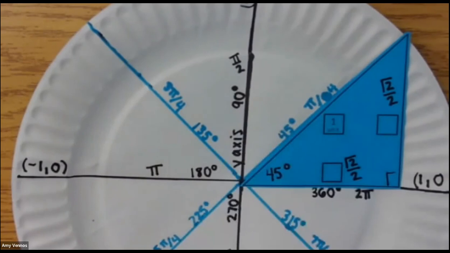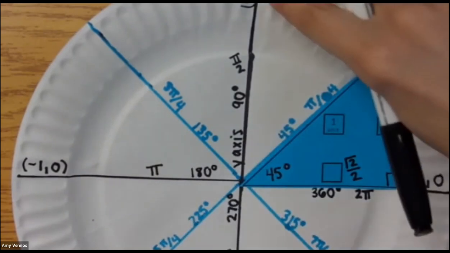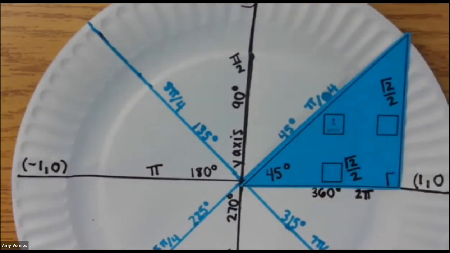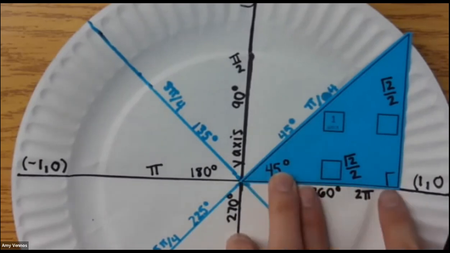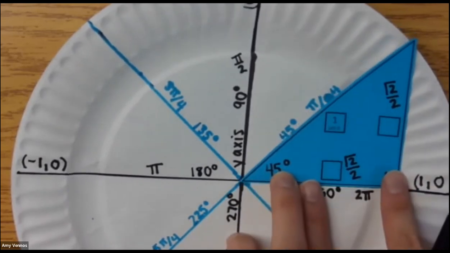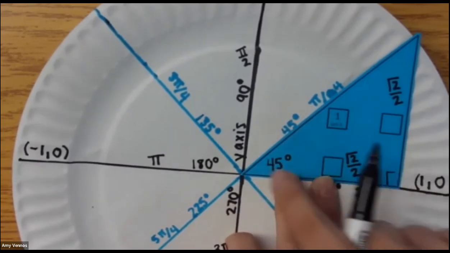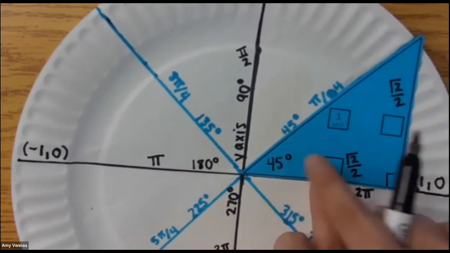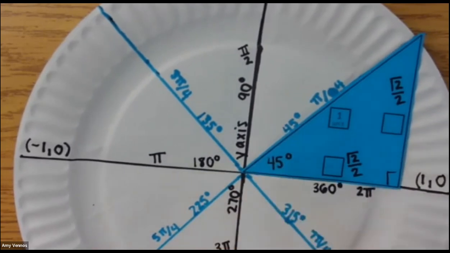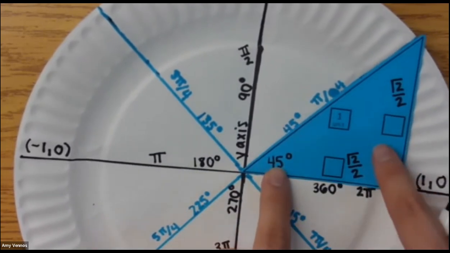The x and y coordinates, just like how we have 1, 0 and 0, 1. Well, how far is it out on the x-axis? Not degrees, but maybe in terms of length.